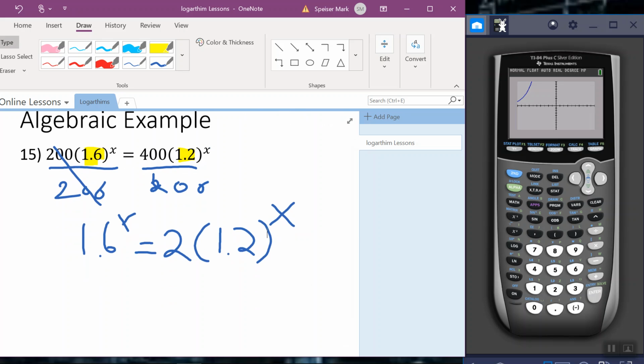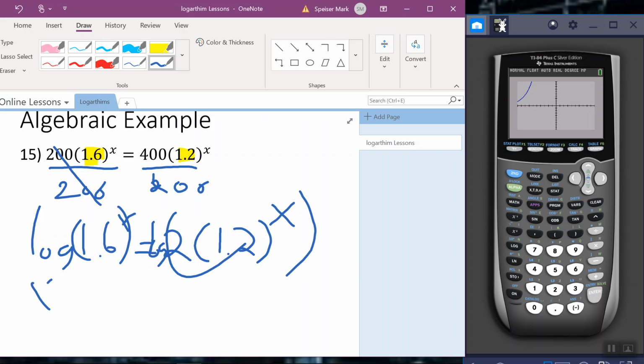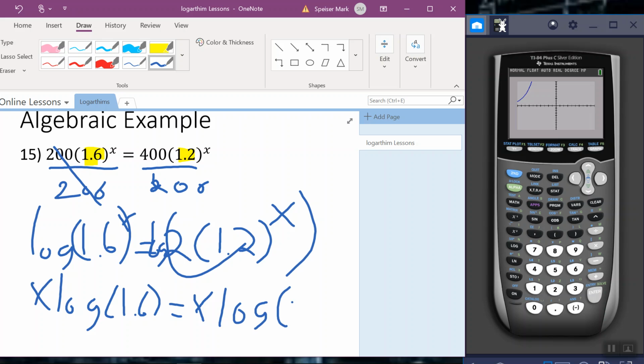We take the log of both sides. So you have x log of 1.6 equals x log of 2 times 1.2.